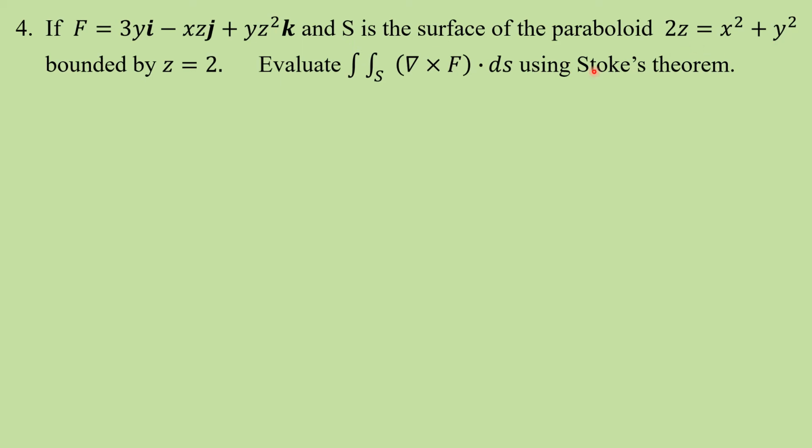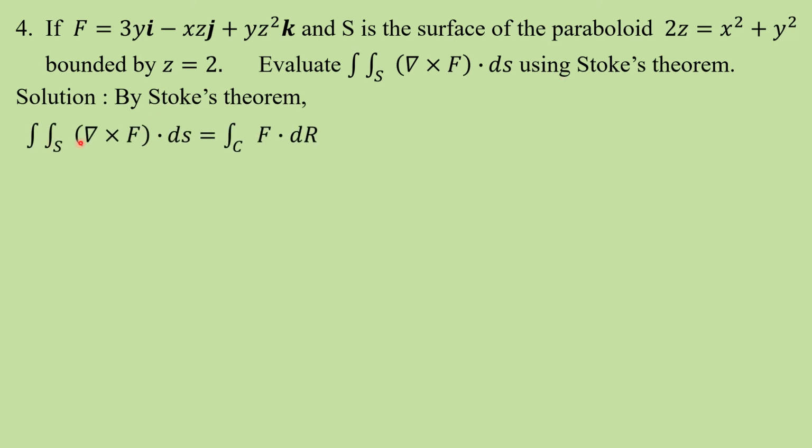So now let me use Stokes theorem. By Stokes theorem, the surface integral of curl F over S can be taken as the line integral of F along C. So what is F dot dr here? That is 3y dx minus xz dy plus yz square dz.